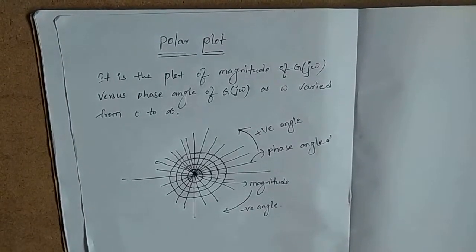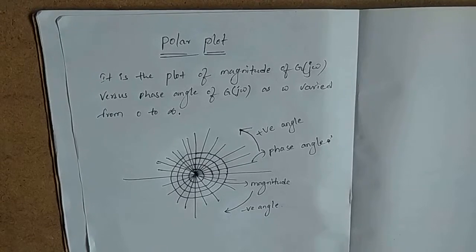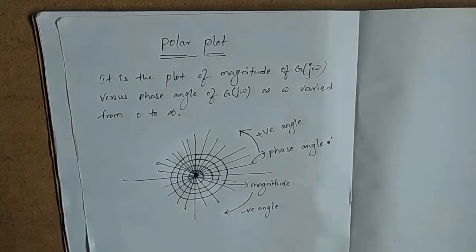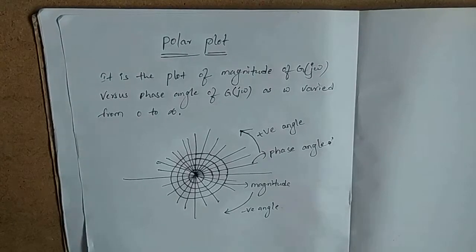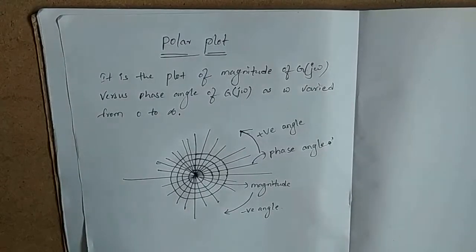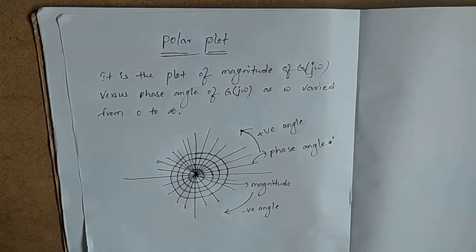This is a polar graph sheet, and we can determine the type and order of the system by looking at the polar plot only.